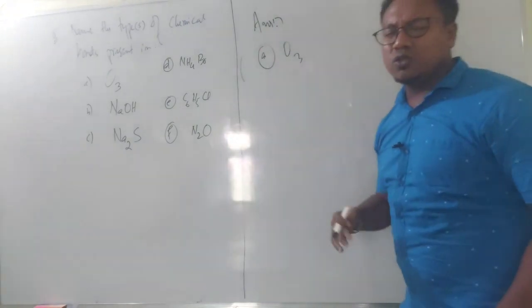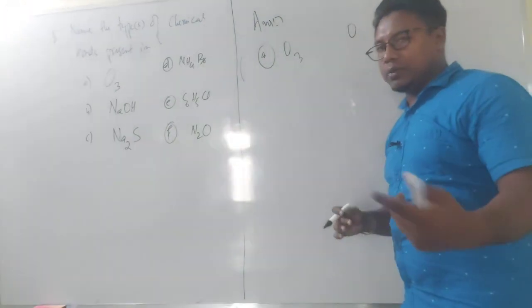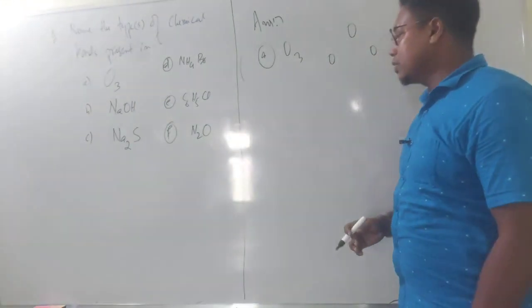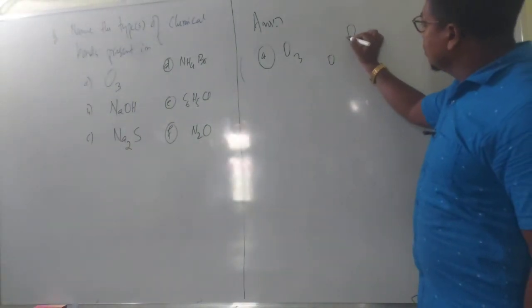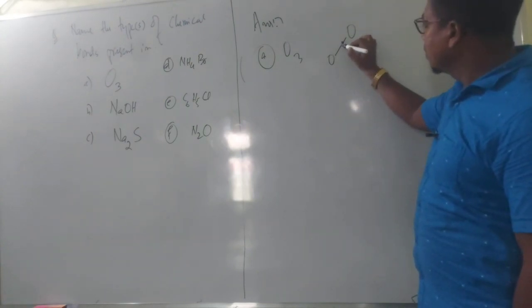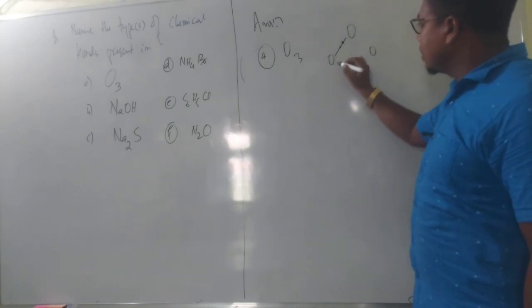In ozone, we need to draw the Lewis structure of ozone. In ozone, one oxygen atom will be the central atom, and these two will be the terminal atoms. So using 2 electrons of this oxygen, one bond is formed between these 2 oxygen atoms.